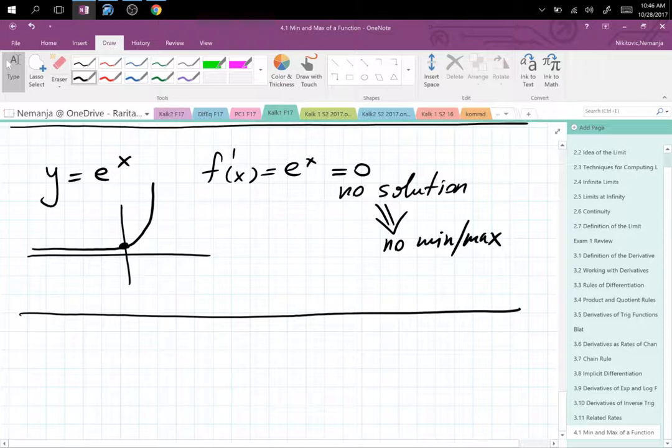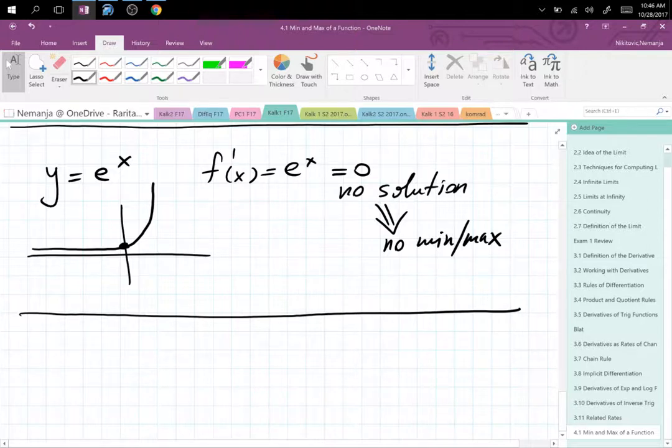Okay, what else? Does log have min and max? I have a quick question about e to the x, it'll never have a min or a max, it'll always be a solution. Mm-hmm. Unless I multiply it with something else. It depends.